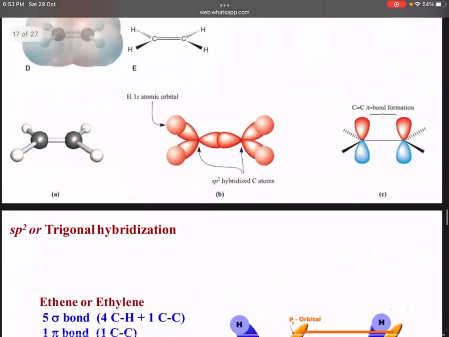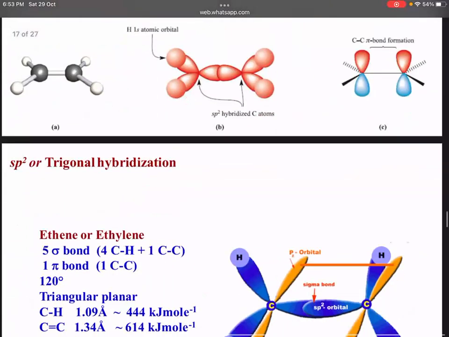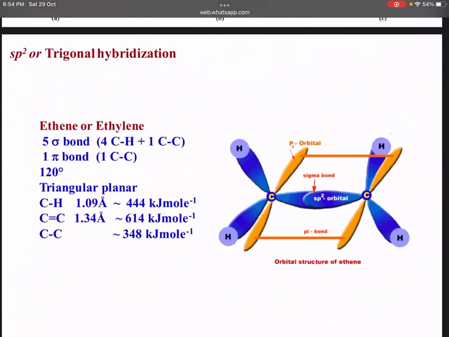So in sp2 hybridization, totally we are getting five sigma bonds: four carbon-hydrogen and one carbon-carbon. The geometry is trigonal planar with a 120 degree angle. This will become 1.34 angstrom because of the carbon-carbon double bond. When the bond order increases, the bond distance decreases.